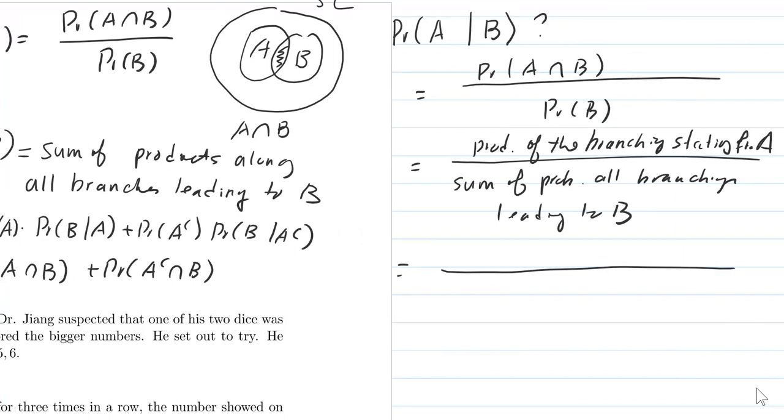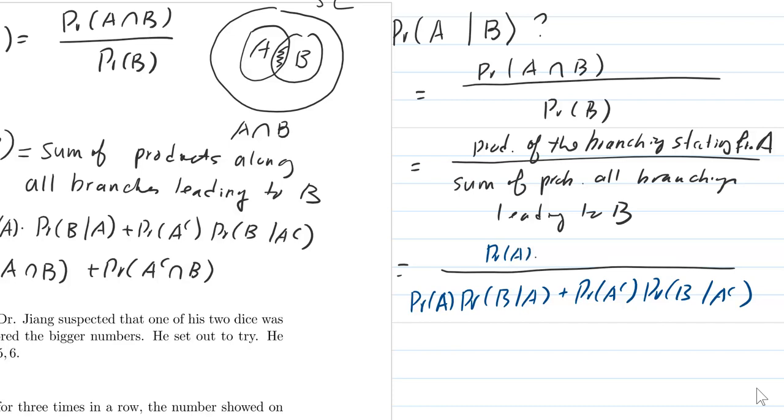We have the sum of two branches, probability of A and probability A doesn't happen. And then on the top, you have the probability of A times the probability of B given A.